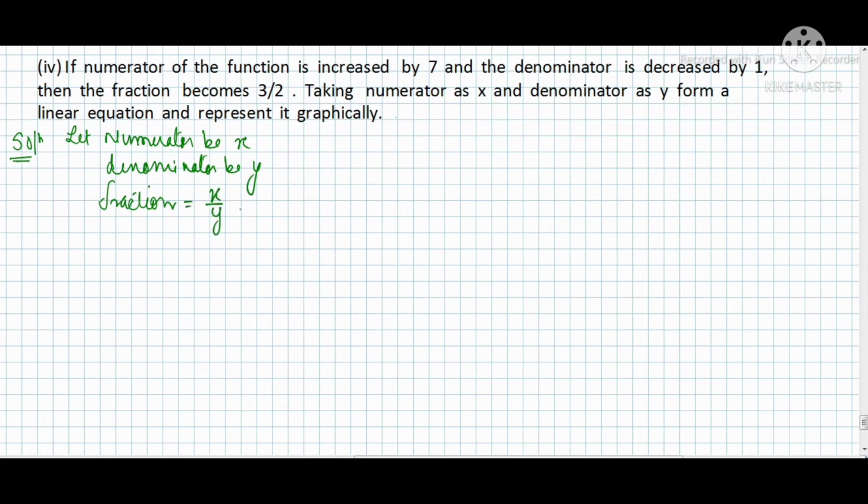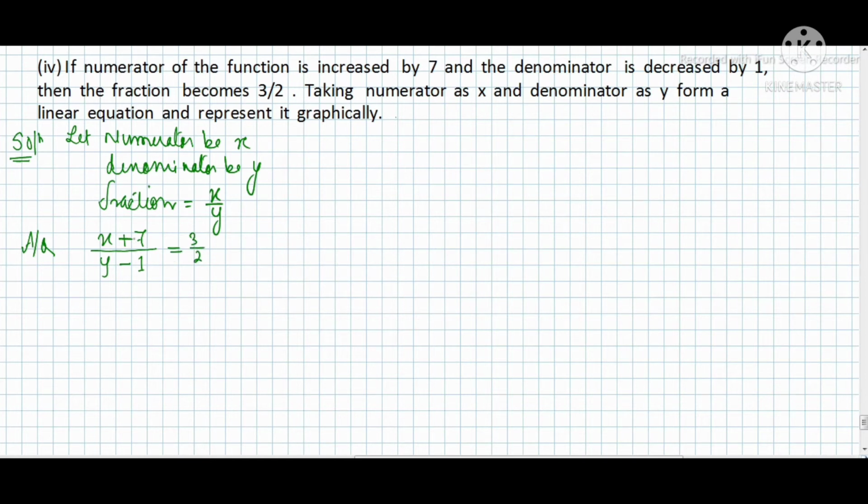Now, according to the question, if the numerator x is increased by 7, increase means you have to add. And decrease means you have to subtract, so I will subtract 1 from the denominator y. Then our fraction becomes 3 by 2.